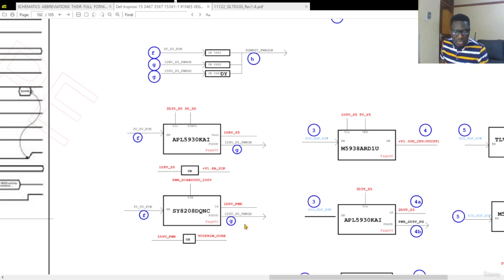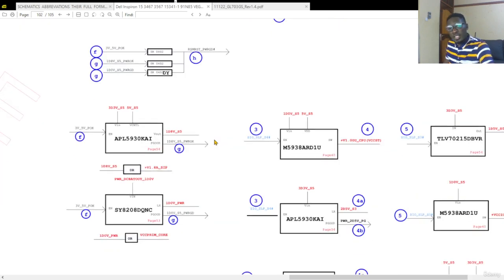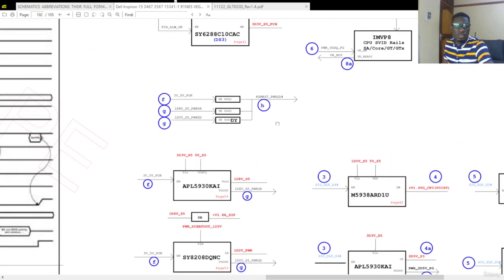Okay, this is 1 volt S5, and these also come on G. Then the next letter is H. So these G signals that have come here, part of them also comes onto these resistors. I'm saying they are resistors because there is R inside here. So as you can see, this is 1.8 S5, which is here, and this is 1.0, which is here.